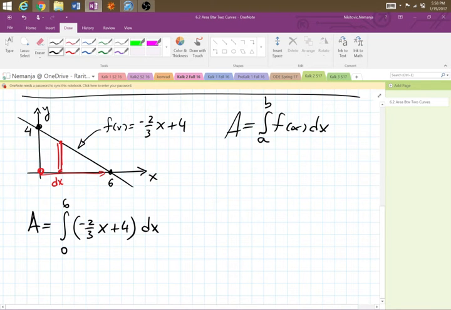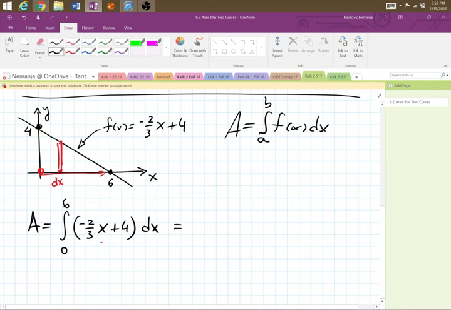Don't forget these parentheses, because remember, it's times dx. dx is the width, and the function is the height. So it's height times the width. So you must have those parentheses, because it's not just 4 times dx. It's everything times dx.